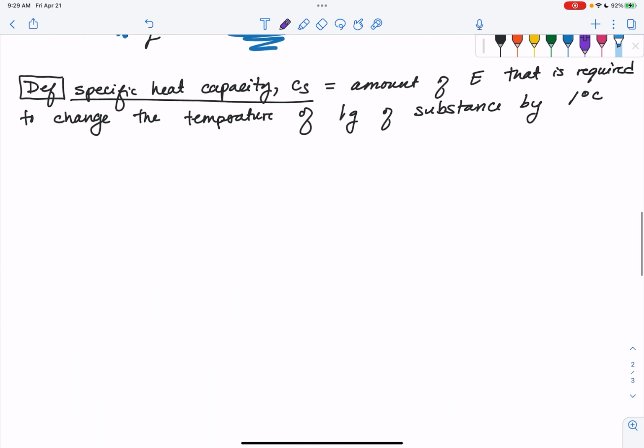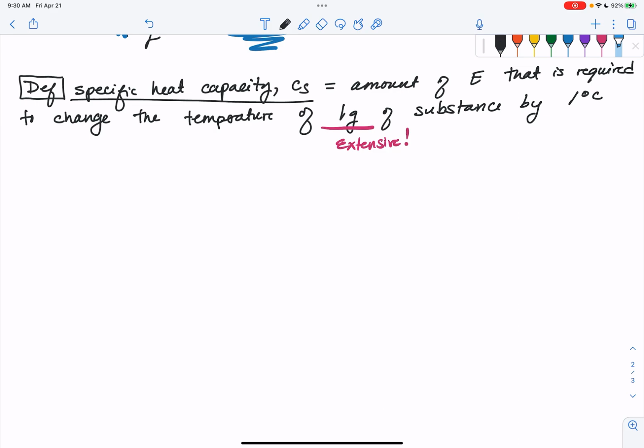But now with specific heat capacity, I see that we have this inclusion of quantity, meaning we're acknowledging the fact that it requires different amounts of energy transfer to change the temperature of different substances that have different volumes or quantities. So how does this affect our equation for heat now that we're including a mass component?